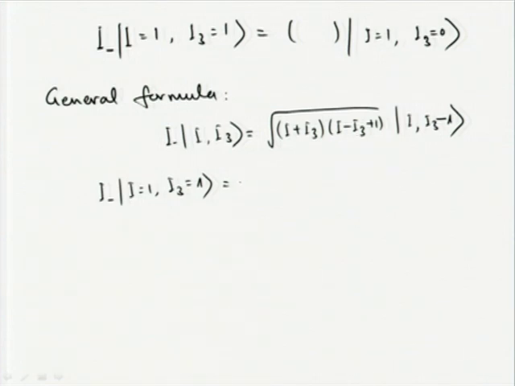So, that is root 2 into I equal to 1, I3 equal to 0. Similarly, you can apply this I minus on the I_q equal to 1 by 2 on the right hand side of that equation.